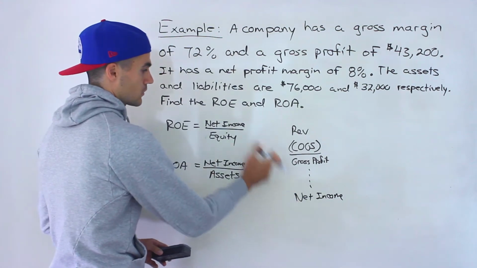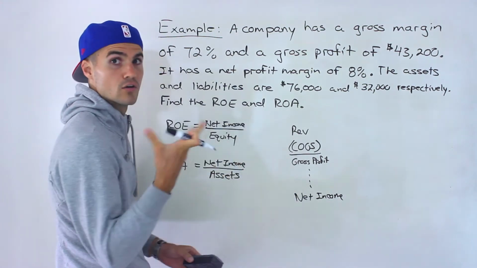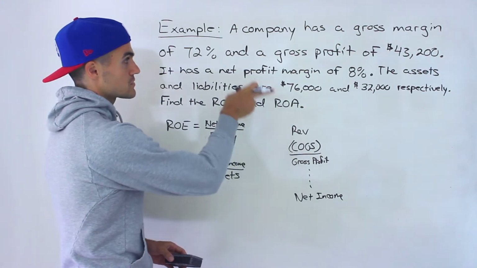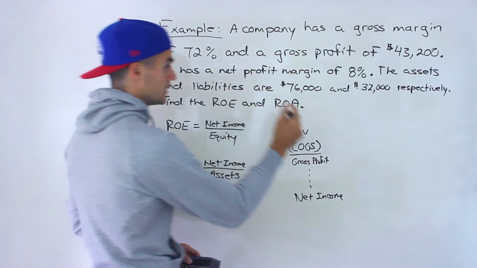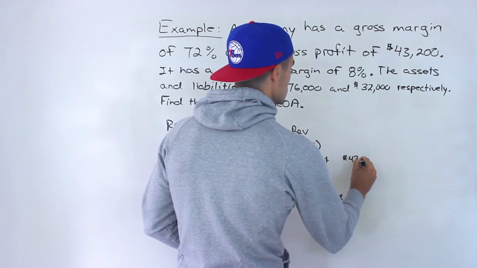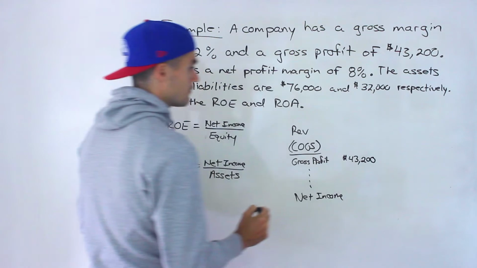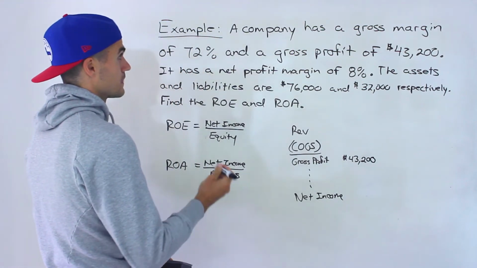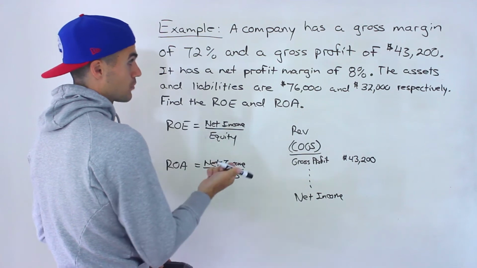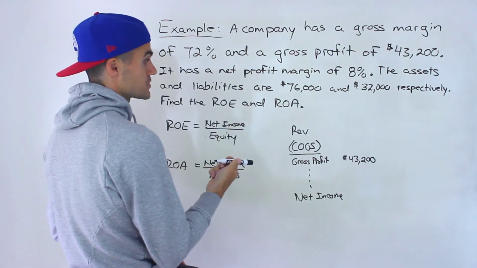That's the number we're going to be using for both of these from the income statement. Out of all of these, in terms of dollar amounts, we're only given the gross profit, which is $43,200. However, we're also given the gross margin of 72% and the net profit margin of 8%.